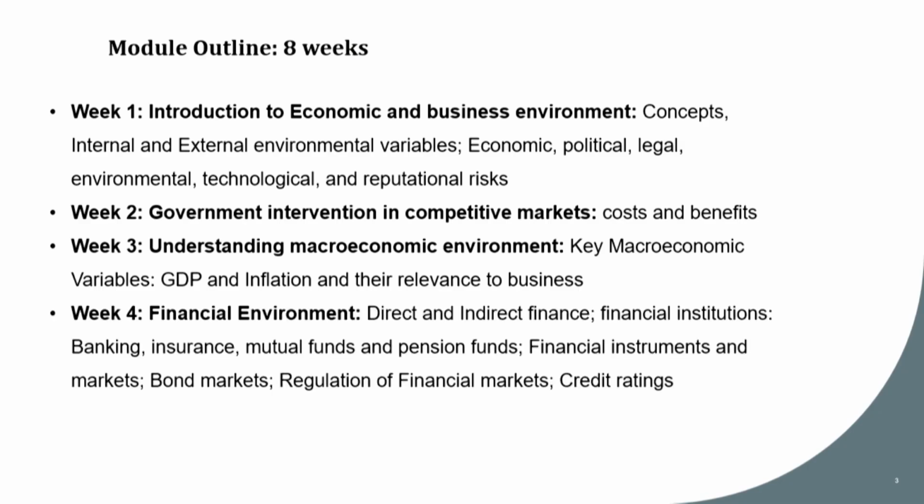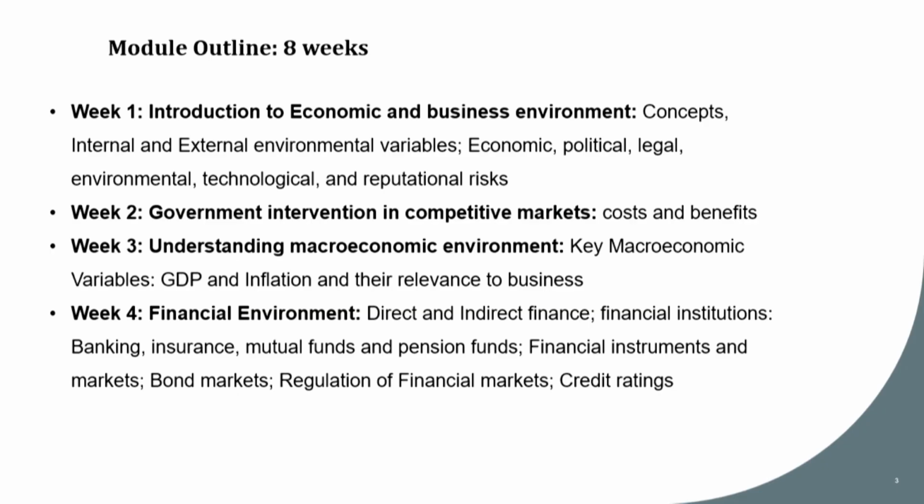Then moving to the 4th week, we will talk about the financial environment. In this context, we are going to talk about direct and indirect finance and various financial institutions: banking, insurance, mutual funds, pension funds, and their structure and how they operate.